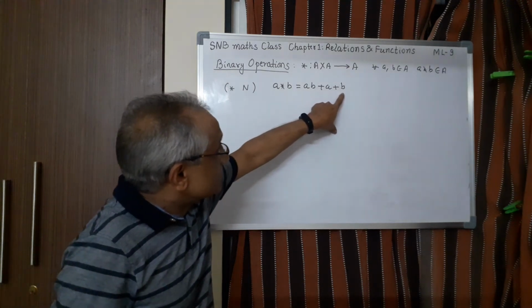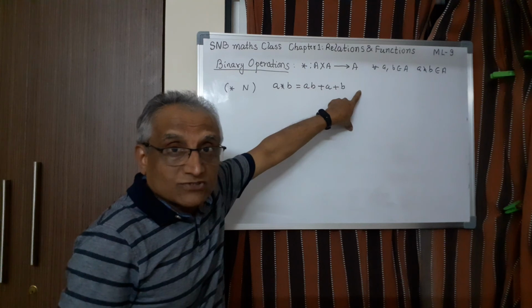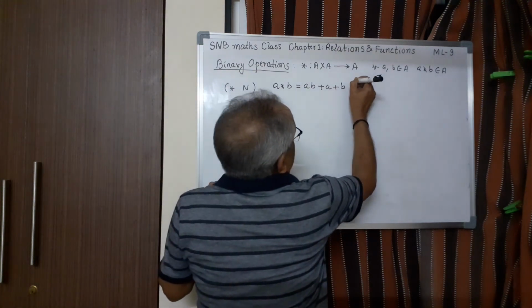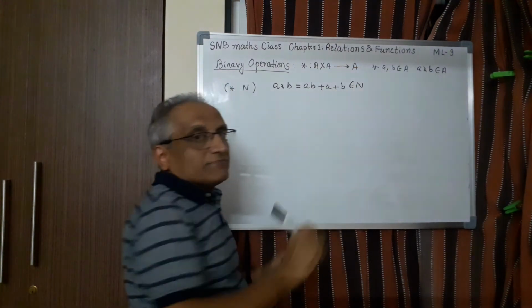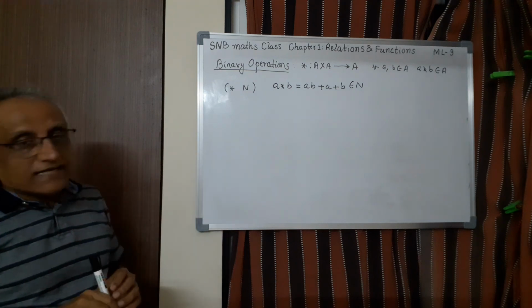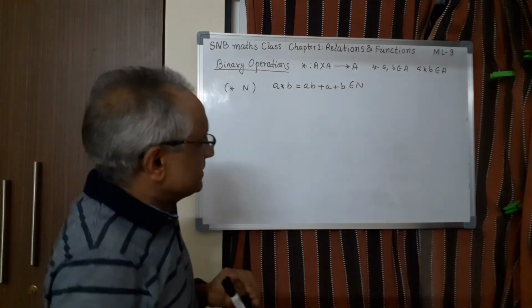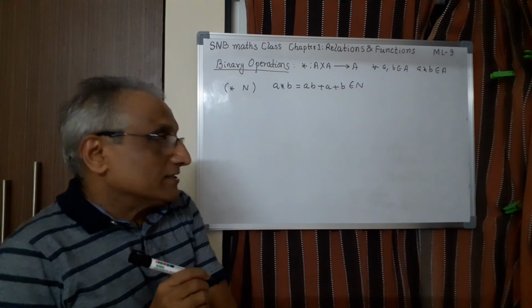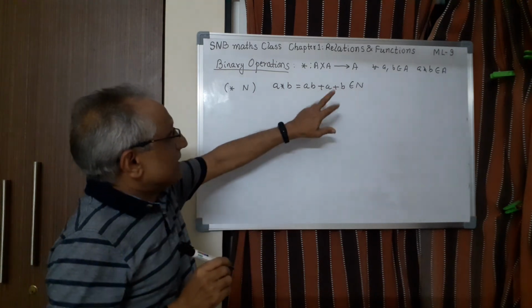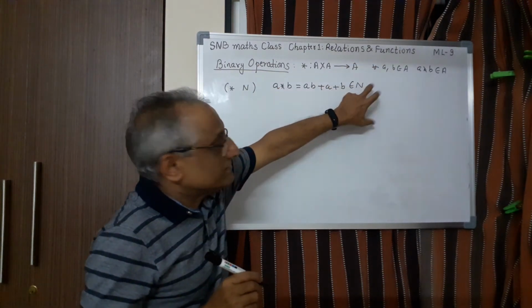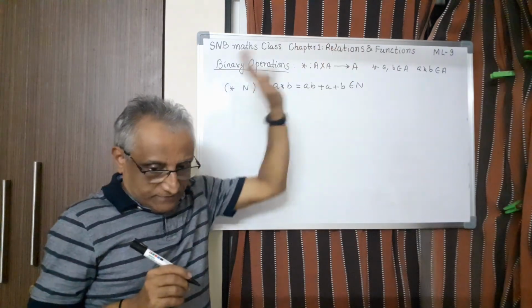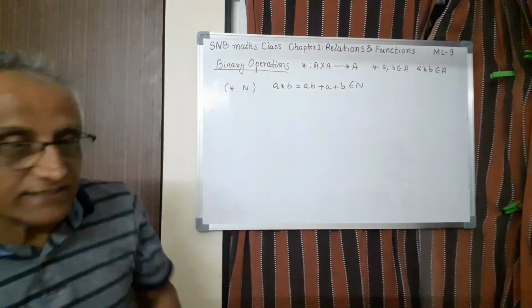The sum of three natural numbers will be one more natural number only. Definitely this belongs to N, so it is a binary operation. This is the way we can test whether a given operation is binary or not. Whenever the resulting element is in the same set, it is binary, otherwise it is not. So this much we studied.